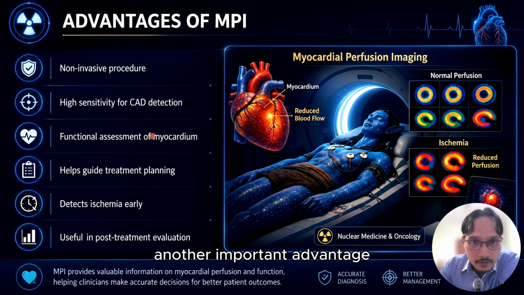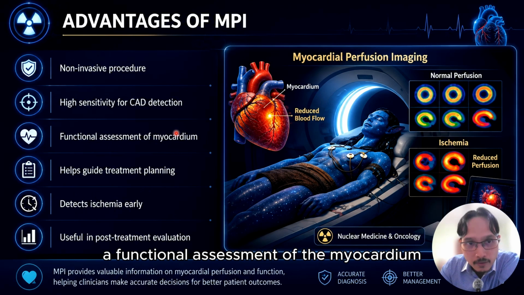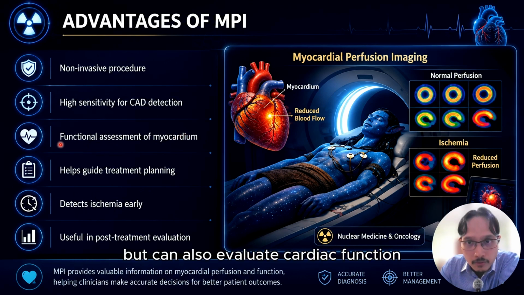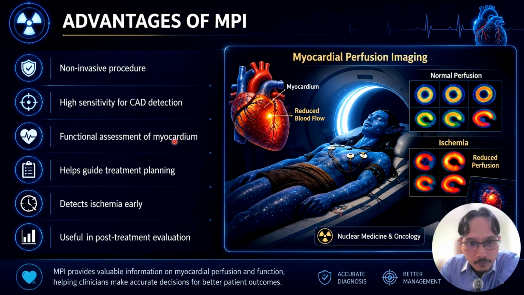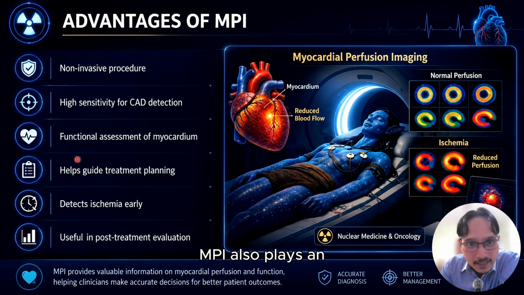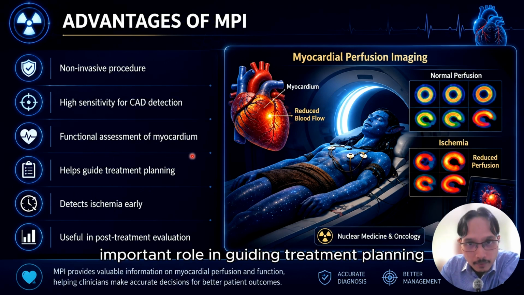Another important advantage is its ability to provide a functional assessment of the myocardium. MPI not only shows blood flow to the heart muscle, but can also evaluate cardiac function, including ventricular performance and myocardial viability. MPI also plays an important role in guiding treatment planning.